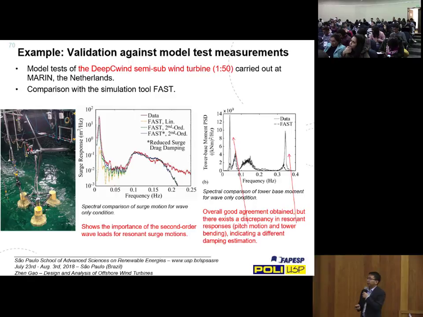And in MARIN, in the Netherlands, they have done a lot of model testing of floating wind turbines, which have also been used to validate numerical models. And here are just some early comparisons. Here is a model test of a semi-submersible with a flexible tower and the blades.